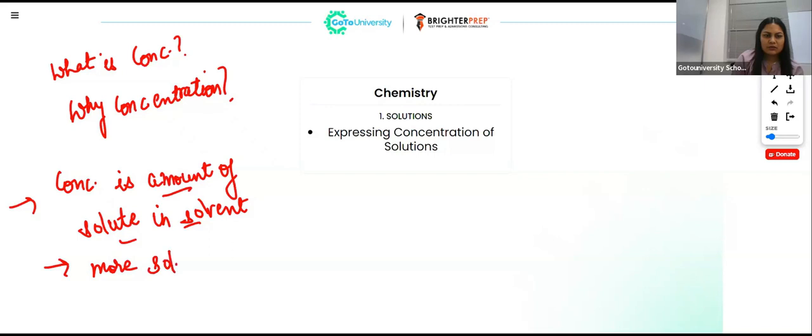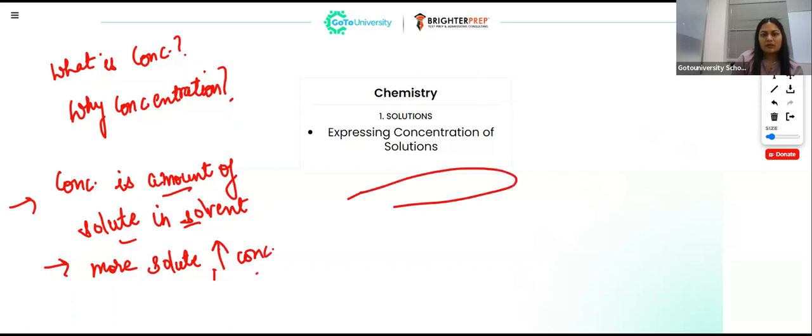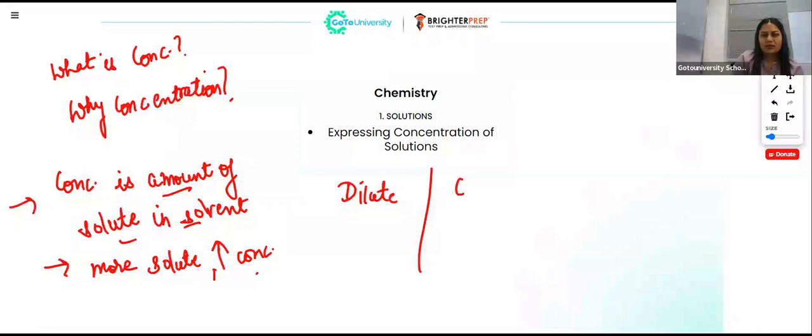More solute present in solvent, more will be the concentration of solvent. Now there are actually two types of solutions: dilute solution and concentrated solutions. What are dilute solutions? In which the solvent is of higher quantity and solute is of lower quantity.